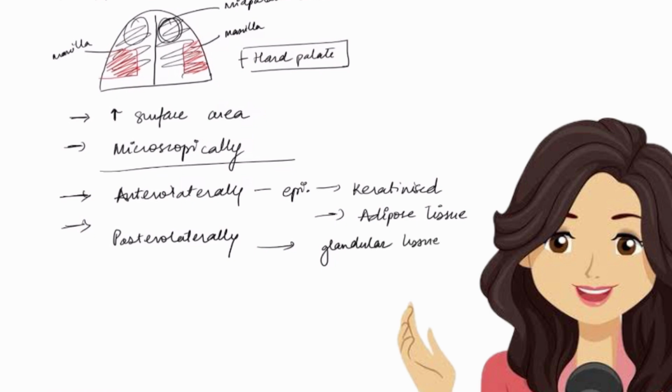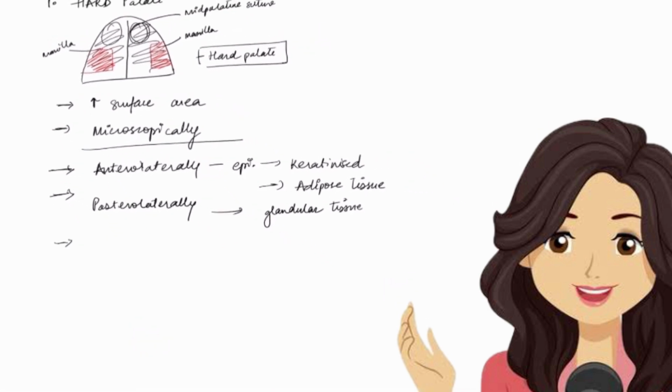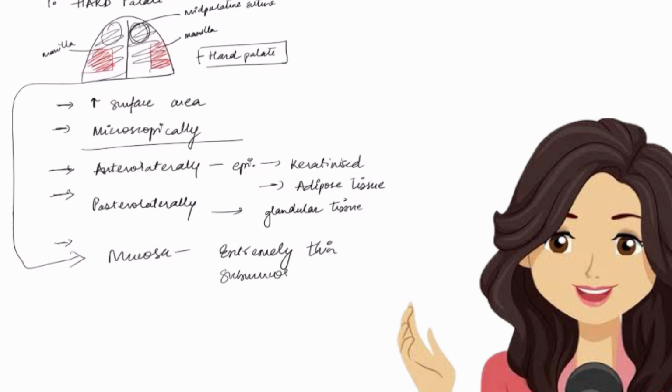Now, this is a very important MCQ question that comes in the exam. We will just discuss it in some time. And the mid-palatine area that we see here, the mucosa is extremely thin. It is almost such that submucosa is almost absent, and mucosa is almost directly attached to the bone only.